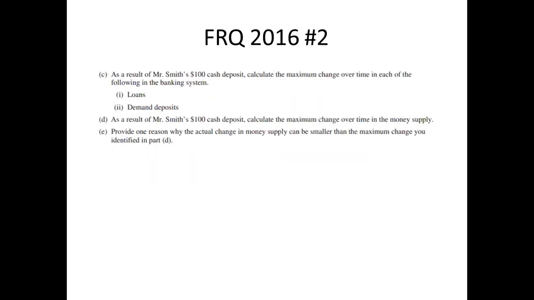All right. As a result of Mr. Smith's $100 cash deposit, calculate the maximum change over time in each of the following: loans and demand deposits.